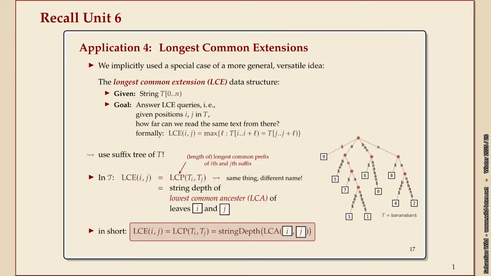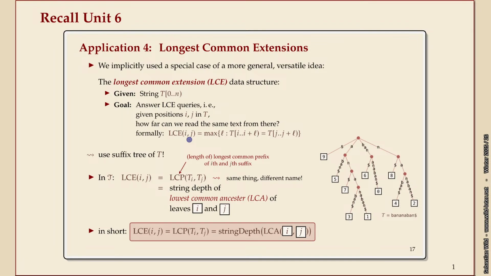We've also left open this business of computing longest common extensions. And that's been burning under my nails to close. So maybe the same is true for you. Remember what this was. We had a string and LCE queries are given two positions in that text. How many characters do they share?